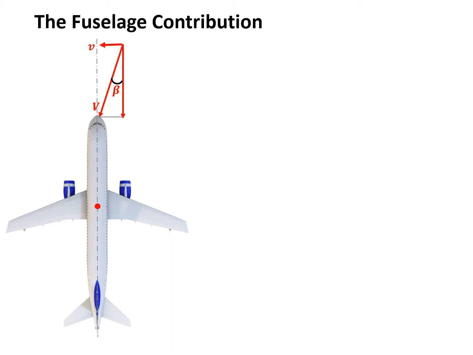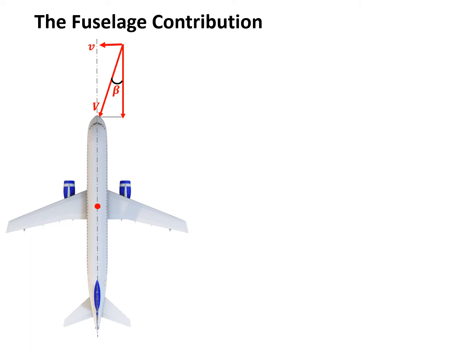If it's in a positive side slip, as we did before, the total velocity V can be decomposed into a lateral component, small v, and now we can simplify this problem. We can replace it by looking at a finite length cylinder in a cross flow. That cylinder will produce side force.